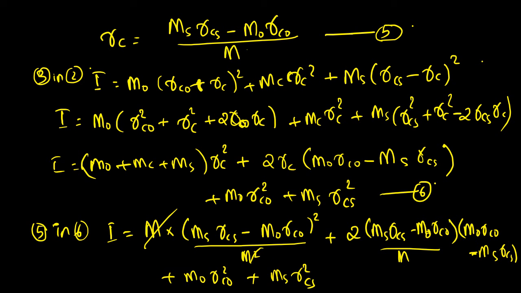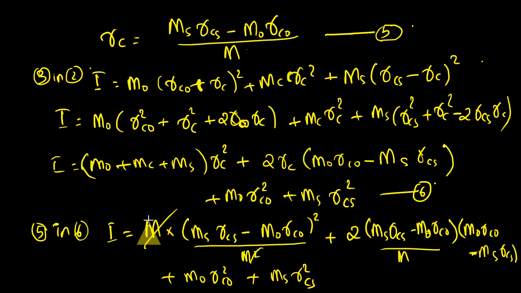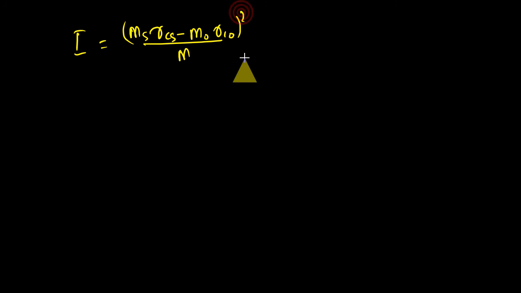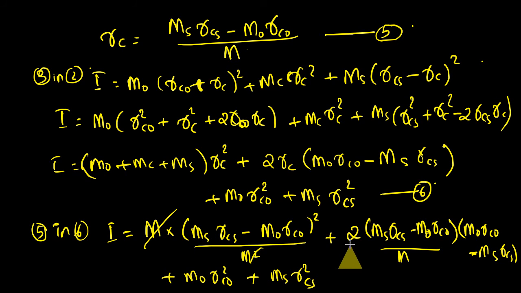Let me write, on the next page, I is equal to M_S R_CS minus M_O R_CO the whole square divided by M. Okay, this whole square divided by M. Then plus 2 by M into M_S R_CS minus M_O R_CO into M_O R_CO minus M_S R_CS.